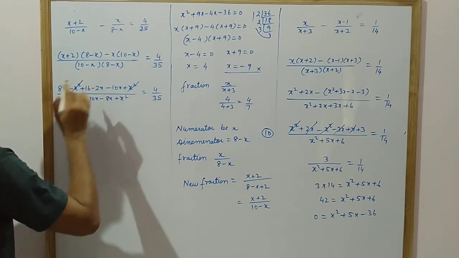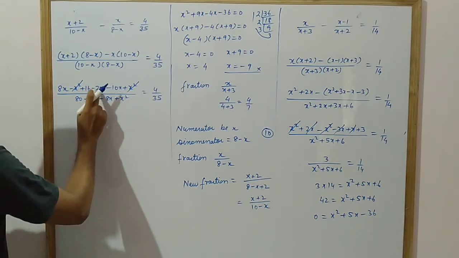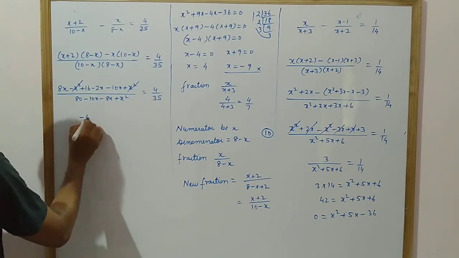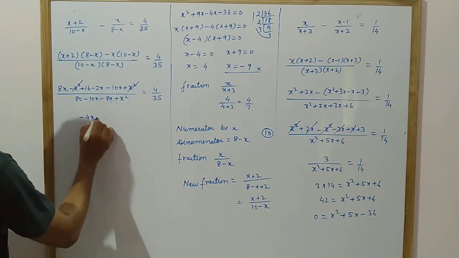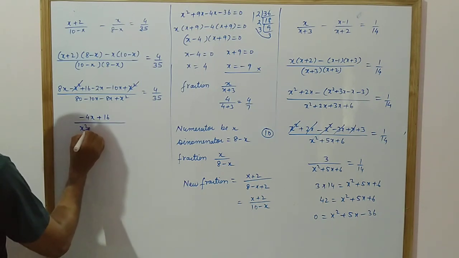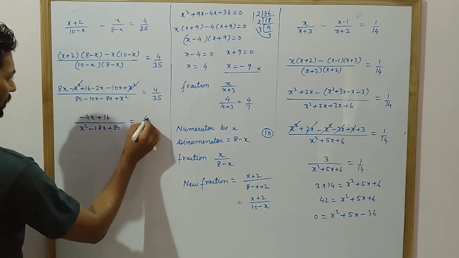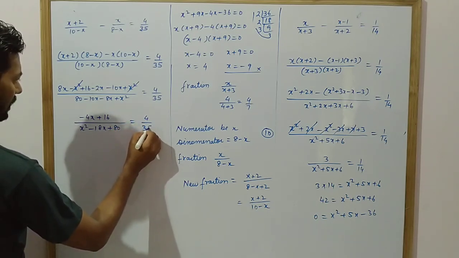Minus x square plus x square will cancel out. Now this is 8x minus 12x, that is minus 4x plus 16 divided by x square minus 18x plus 80 equal to 4 by 35.